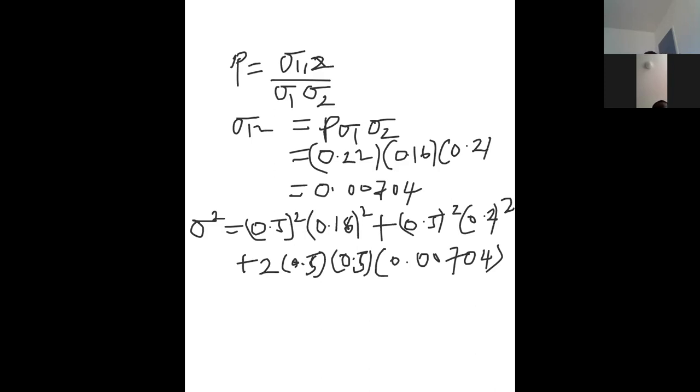I think somebody can also try with a calculator so that we will all be on the same page. 0.5 squared times 0.16 squared plus 0.5 squared times 0.2 squared plus 2 times 0.5 times 0.5 times 0.00704, which is this, then square root of the answer.